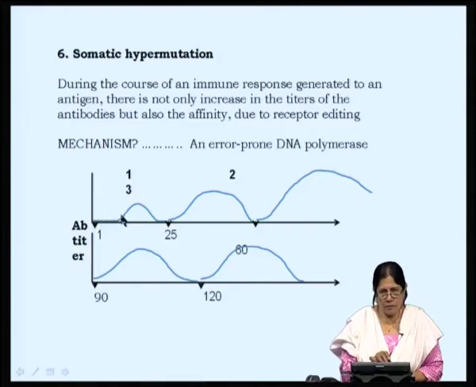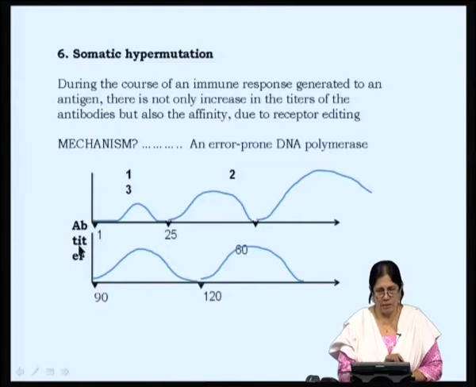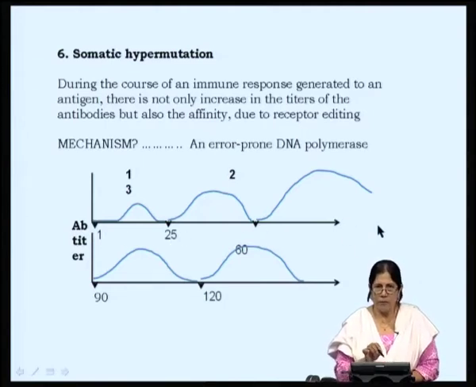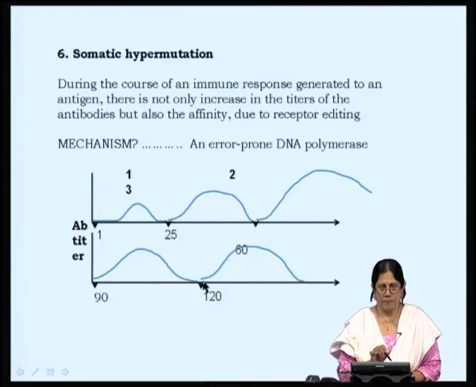Blood was collected from the rabbit every other day or every third day, and then the titer of the antibodies generated in circulation to the antigen was determined or quantitated. The y axis shows that, and the x axis shows the days over which the blood was collected.